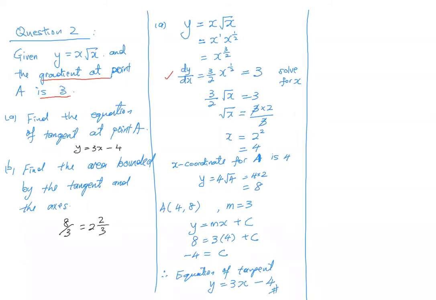So now, to make you understand how to do part B, first of all, I have to sketch the line for y equal to 3x minus 4. So just let me know whether my sketch is right or wrong. Is that correct, Cindy?